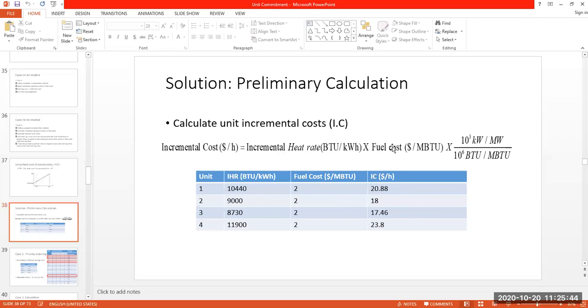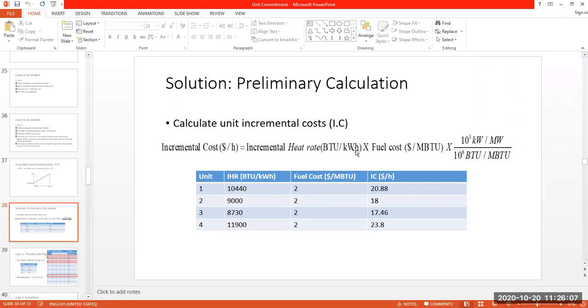You take the fuel cost from the table, you take the incremental heat rate value from the table, and you see there is a mismatch between the units. What you need is dollars per hour, but you have the incremental heat rate in British thermal units per kilowatt hour, and the fuel cost in dollars per MBTU.